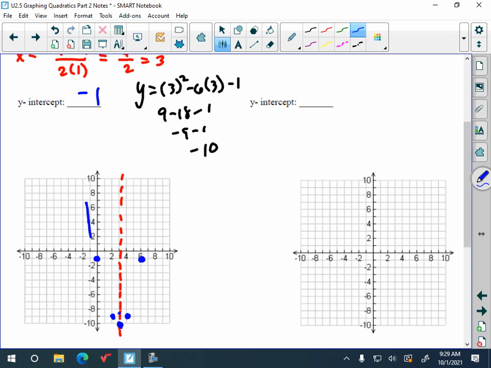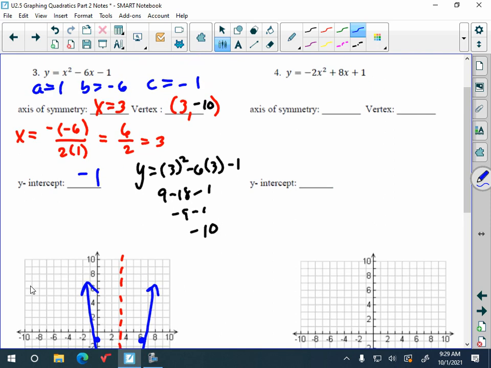Connect them. That's it. Yes. Oh, stretchy. Okay.